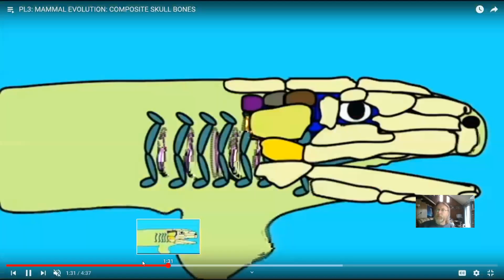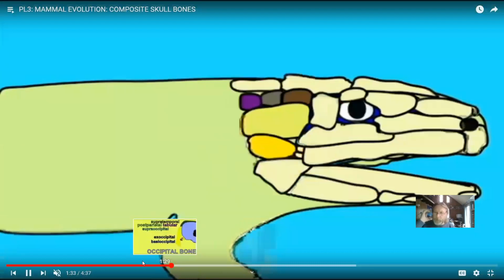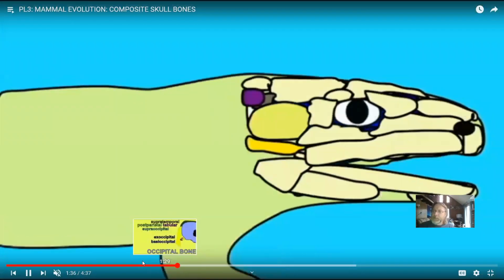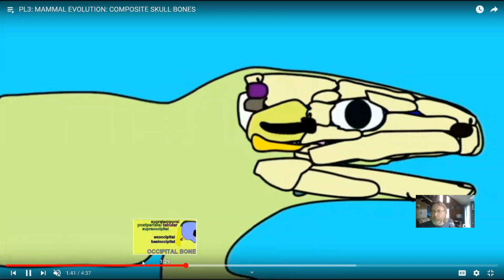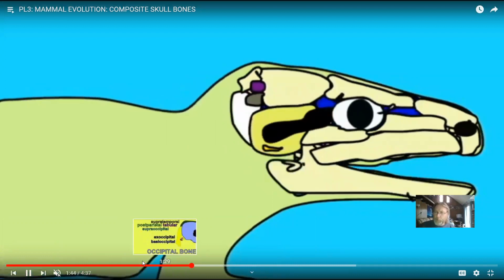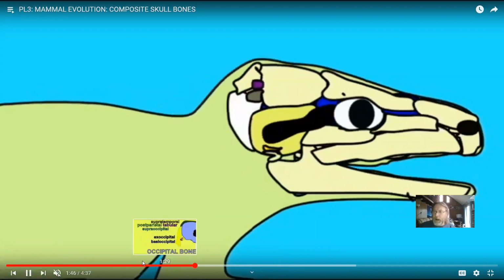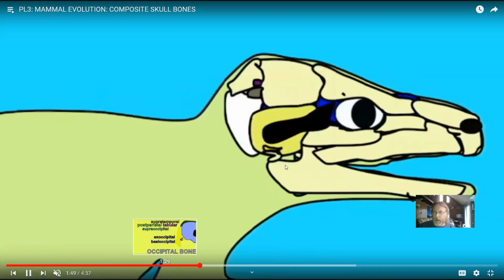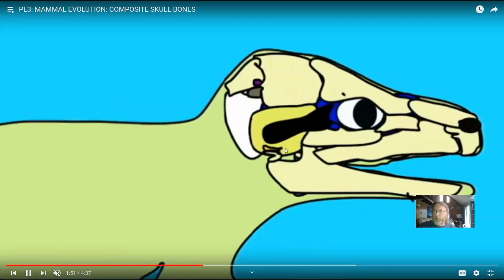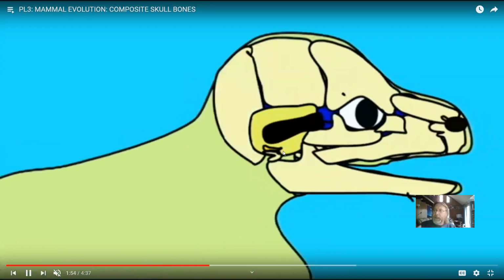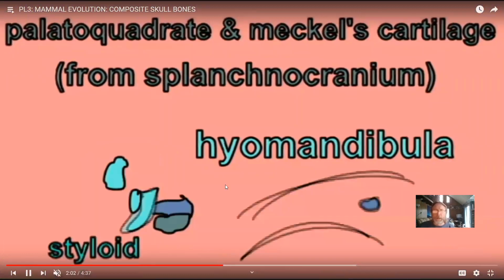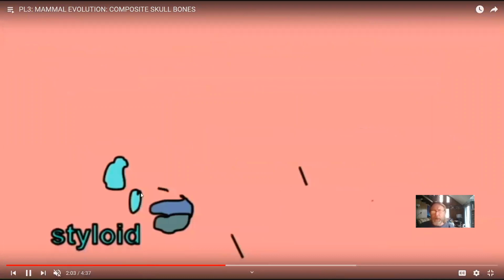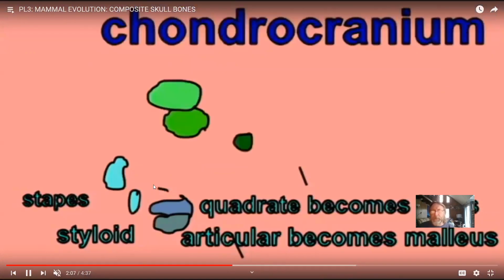The same thing is true of the temporal bone. I have one very complex temporal bone here, but it's made of separate portions: a squamous portion, a petrosal portion, and a mastoid portion. These were formed by separate pieces, some coming from the chondrocranium, some coming from the dermatocranium, and then as they fuse together, they encase the middle ear, which has those three little ear bones. The palatoquadrate from the splanchnocranium gives us some of the middle ear bones.